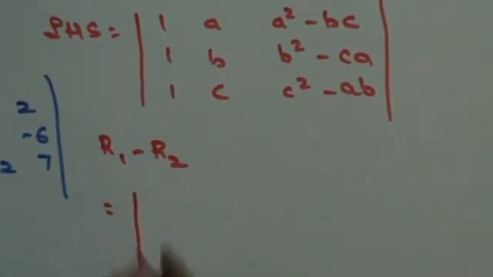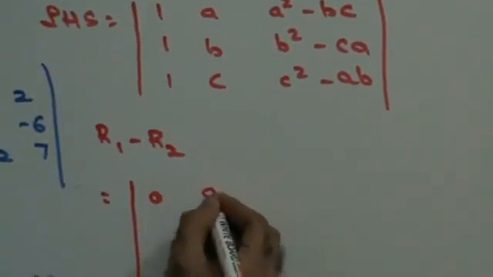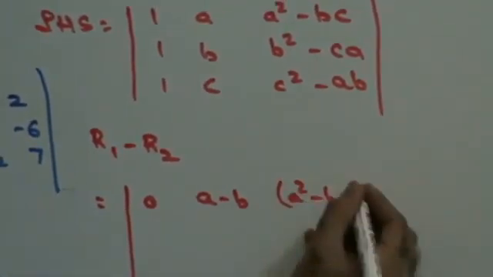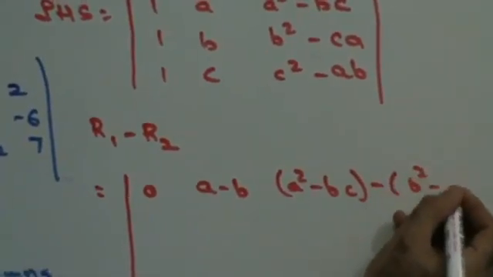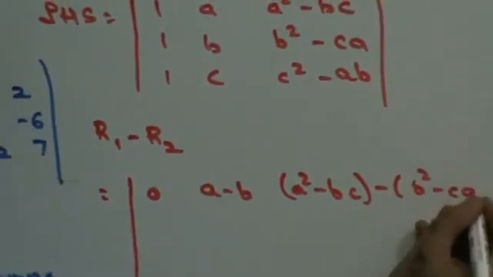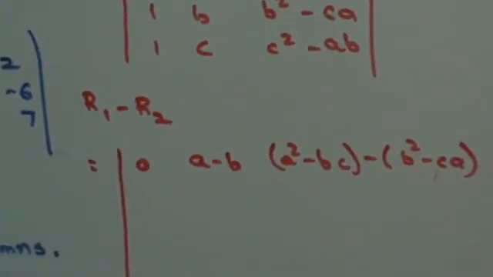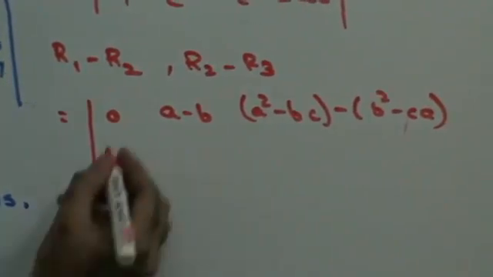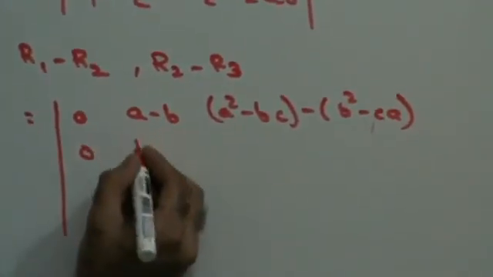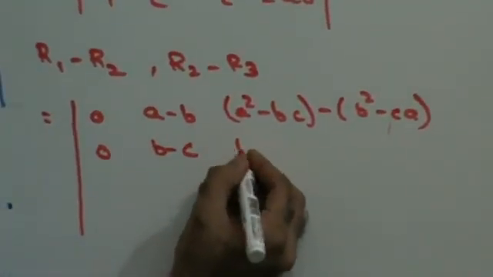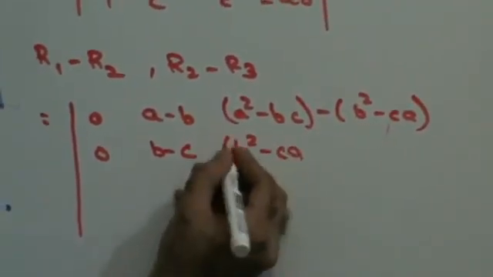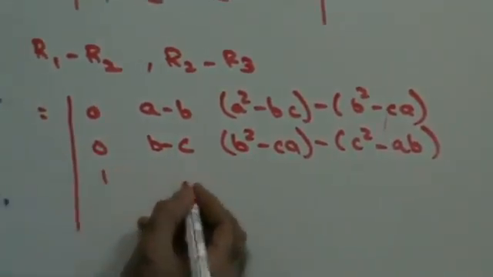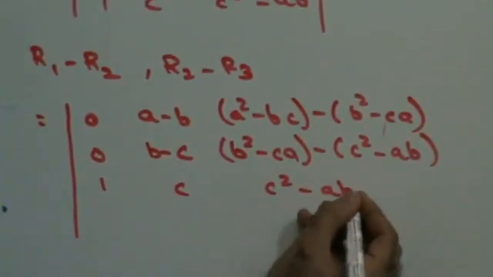So in that case, this will be 1 minus 1, 0, a minus b, a square minus bc minus b square minus ca. This is R1 minus R2. Suppose if I do R2 minus R3, 1 minus 1, 0, b minus c, b square minus ca minus c square minus ab, and 1, c, c square minus ab.